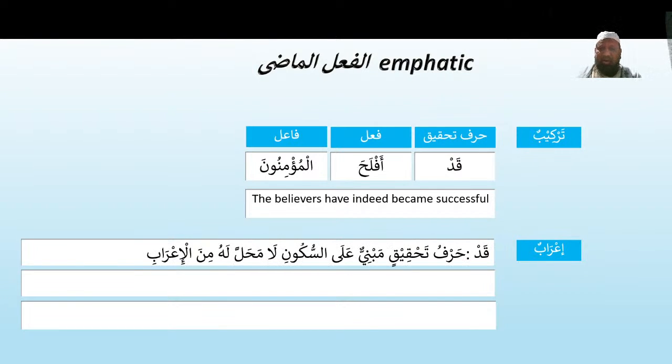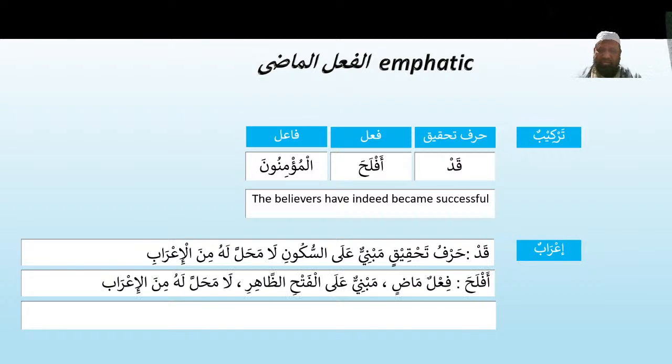The إعراب: قد حرف تحقيق مبني على السكون لا محل له من الإعراب. As soon as we hear the word حرف, حرف has no place in the sentence. لا محل له من الإعراب. أفلح, I think we did this. This is a new verb. Many of us may know this verb. أفلح, to become successful. If it's new to us, let's learn it.